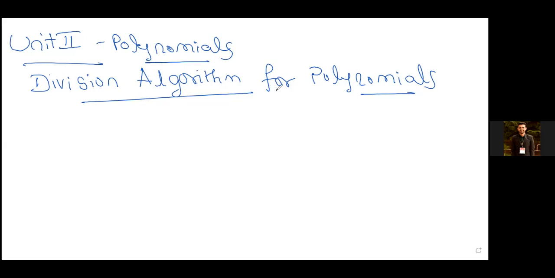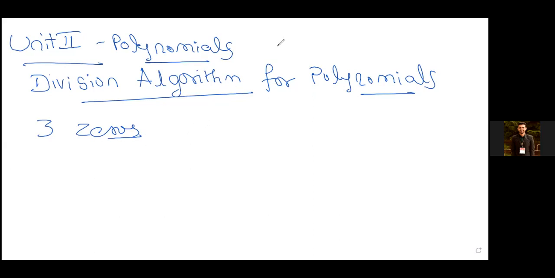We know that a cubic polynomial has at the max 3 zeros, right? If you are given one zero, you can find the other 2 zeros as well using this division algorithm.